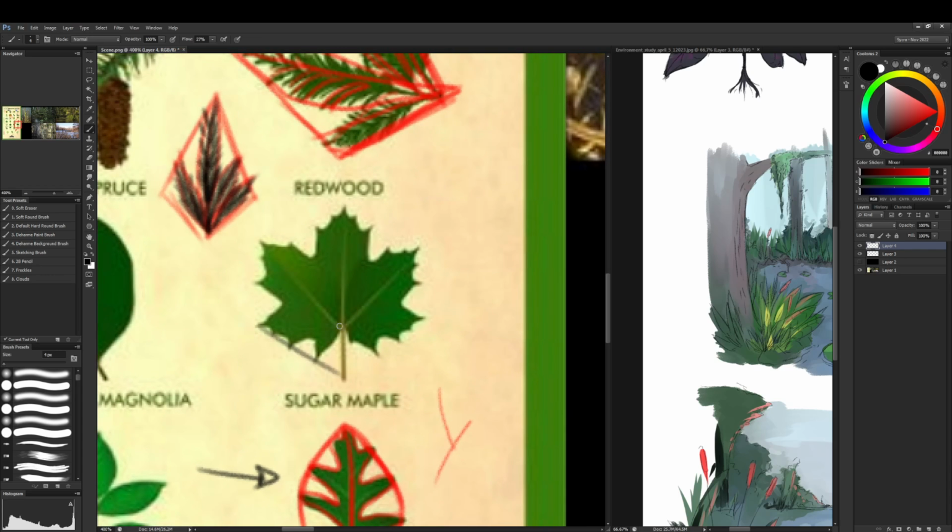Same with this. Okay, so it's pretty much just a hexagon. Okay, and then if we draw a line from here to here, the stem goes down like that, but then there's a few poppy out bits.